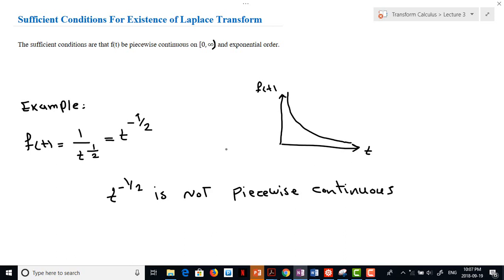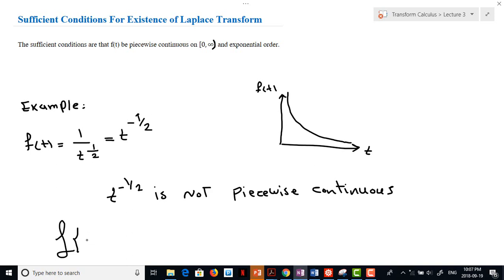Because in the definition of piecewise continuous, we said that the function at the end points, so one end point here is 0, should have a finite limit. But at t equal to 0, this function does not have a finite limit. It approaches infinity. As a result, this function is not piecewise continuous, but it has a Laplace transform.